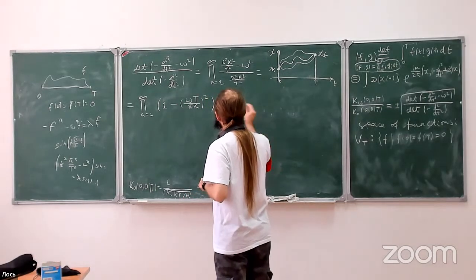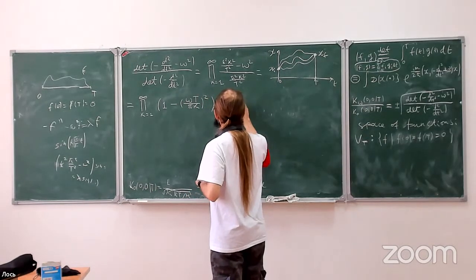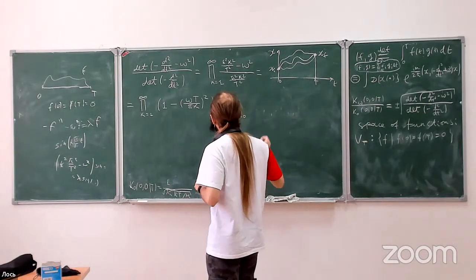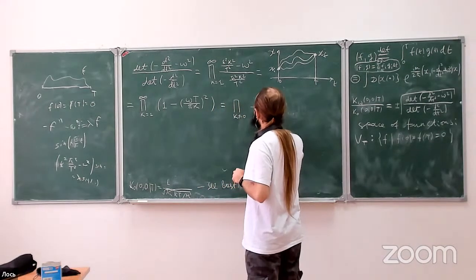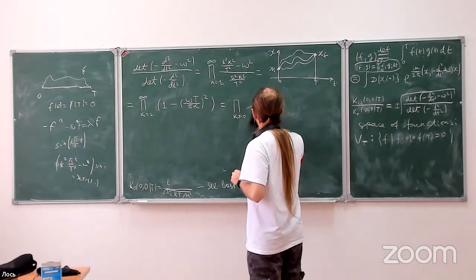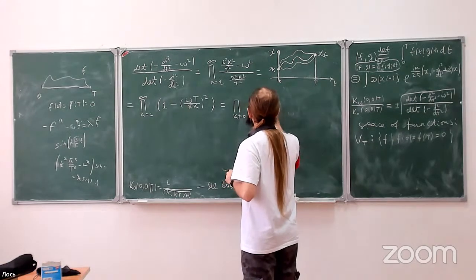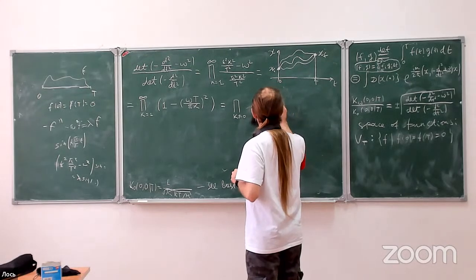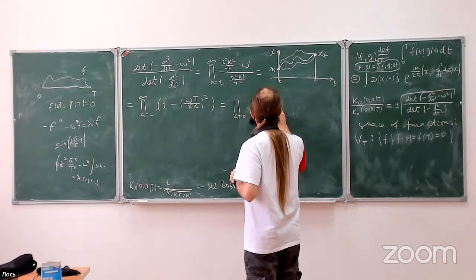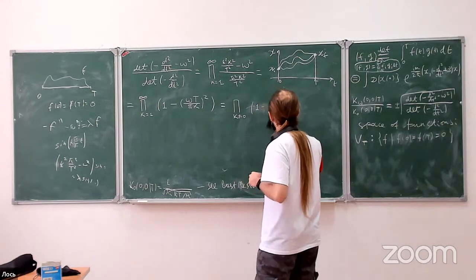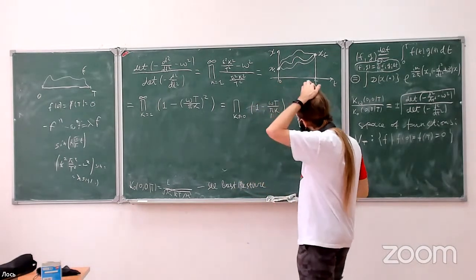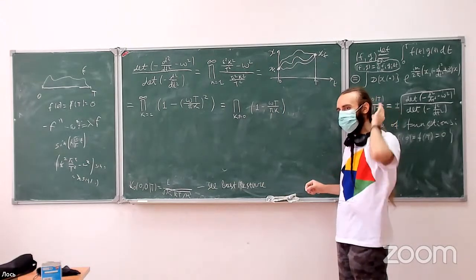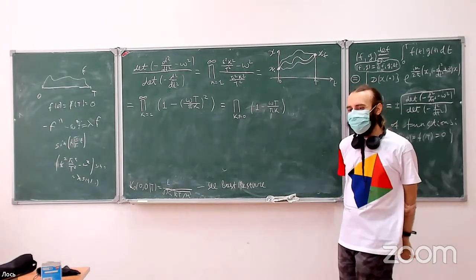So let me write it in this form: 1 minus omega t over pk.